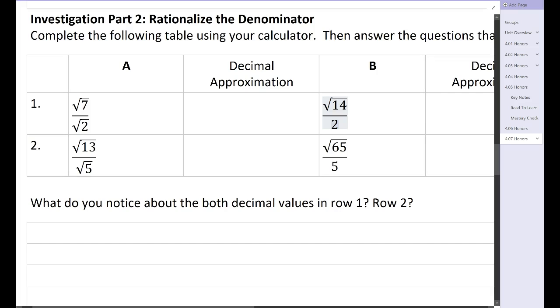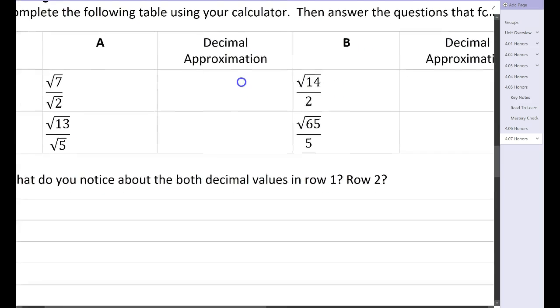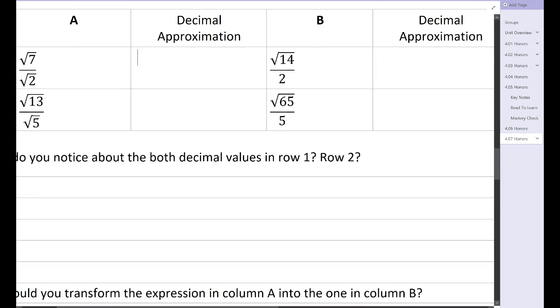I want you to calculate radical 7 divided by radical 2. Give us a basic decimal approximation of it. And from there, do radical 14 divided by 2. Not by radical 2, just by 2. Same thing down here. Give those a shot. We'll come back together in a moment. Pause the video. You got for this first one 1.87-ish.